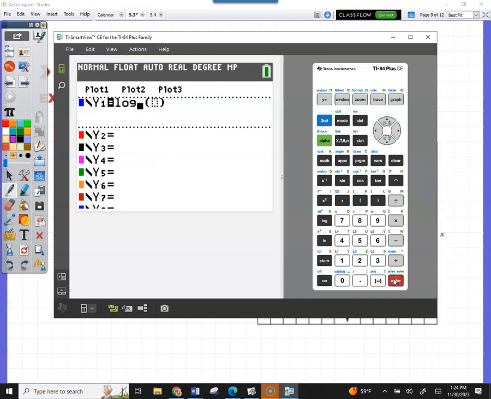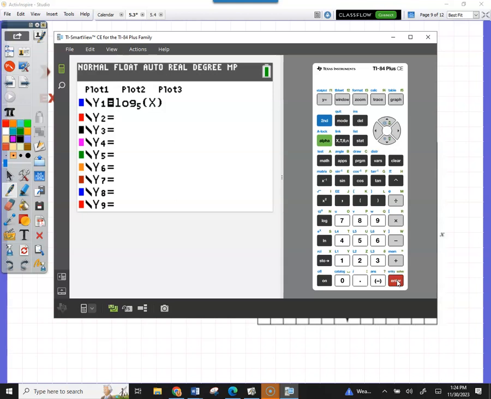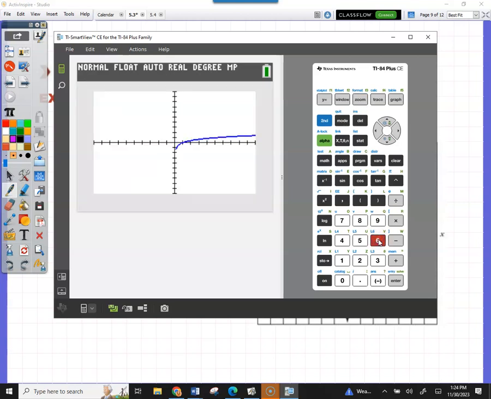We're writing log base 5 of x, and then we're going to do zoom 6. That's what it looks like. Kind of looks like the square root graph almost, which makes sense because logs are the inverse of exponentials.